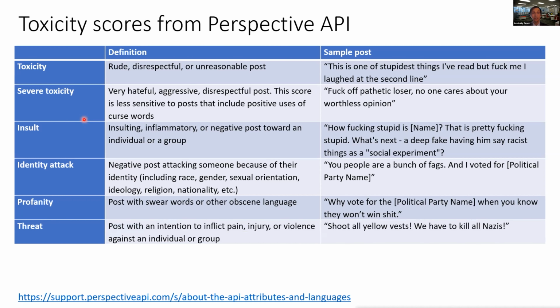So posts with an intention to inflict pain, injury, or violence against an individual or group. I haven't seen many of these, and hopefully you won't see many of those in the data sets. If you do, it's very problematic for groups and of course individuals who might be on the receiving end. So an example could be, shoot all yellow vests, we have to kill all Nazis.